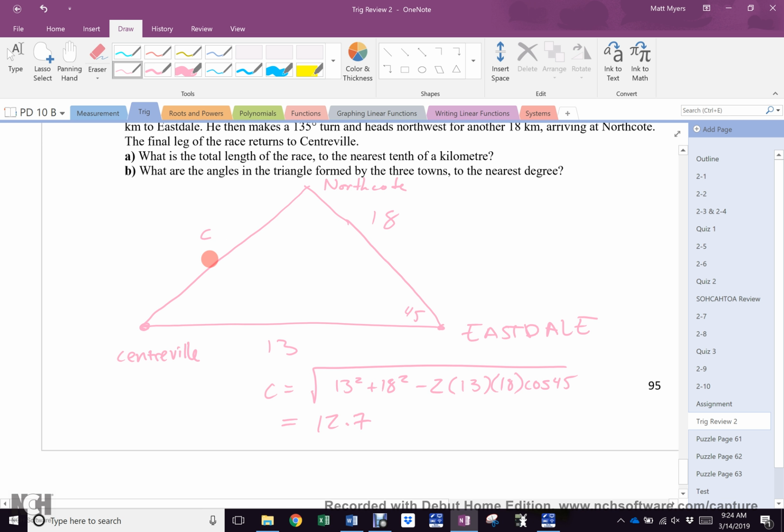All right? This is like 44. But I can't remember exactly, so I'm going to fix it up right now. So this is 12.7, but it's bigger than that, right? So I leave it on my calculator, and then I need the angles. So I'm going to use sine 45 over this answer, which is C. It's sitting on my calculator.